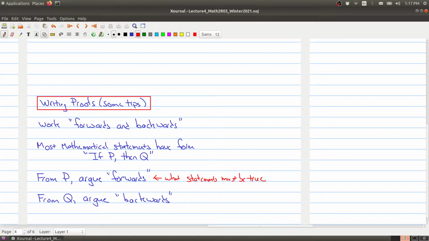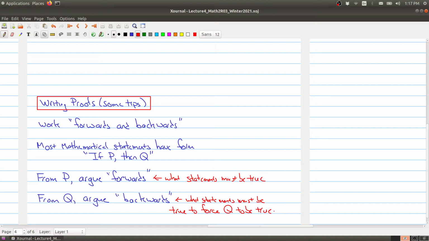And then from Q, you want to argue backwards, i.e., what statements must be true to force Q to be true.